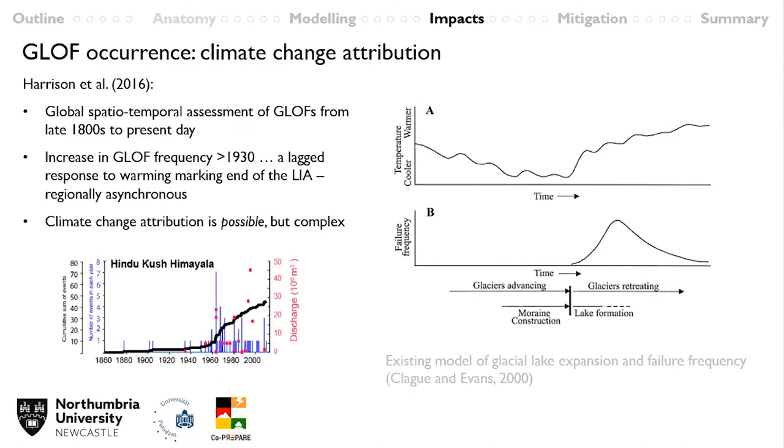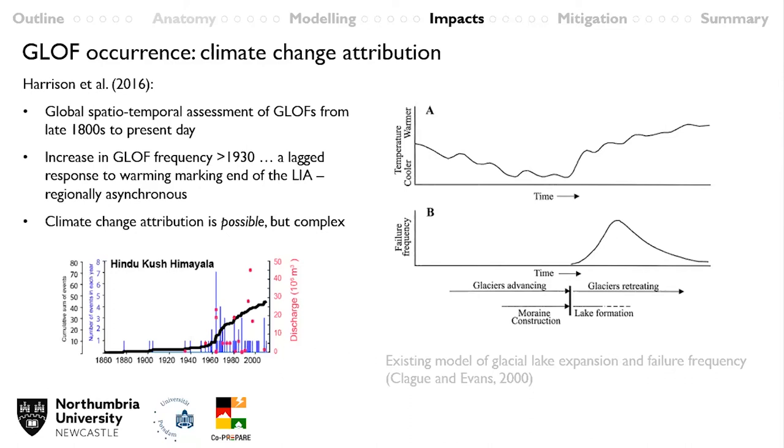And this wasn't synchronous across the world. It was different according to the region, because the climate history and the deglaciation response varies according to where you are in the world. But they found that climate change attribution was possible, but actually really quite complex.